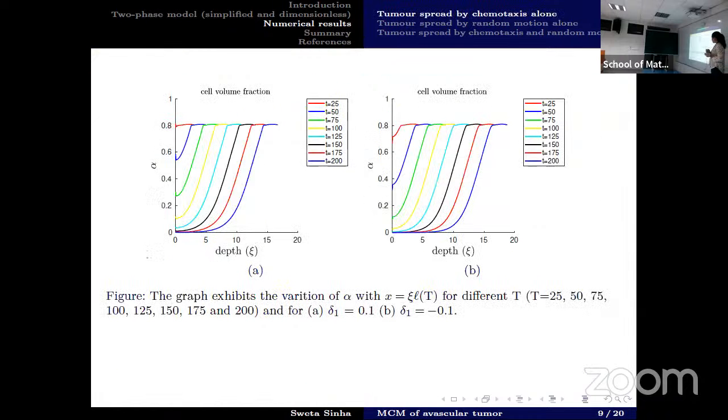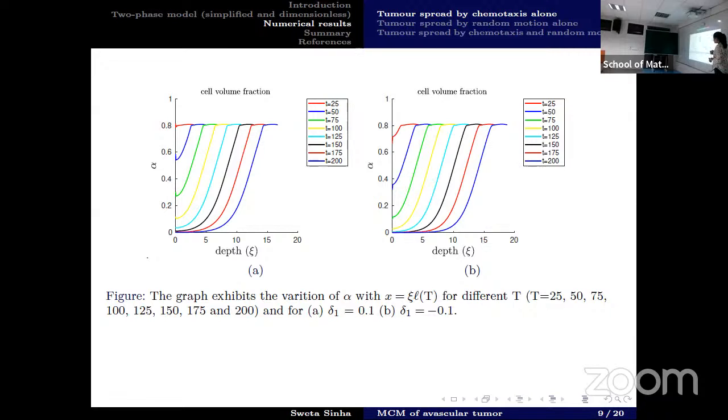The first result is about the spread of the tumor in chemotaxis alone, where we are varying only delta 1, and the other parameters delta 2, D1, D2, I have assumed as 0. Then what happens? If we take delta 1 is equal to 0.1 and -0.1, we see that at the boundary all the volume fraction of tumor cells is accumulated.